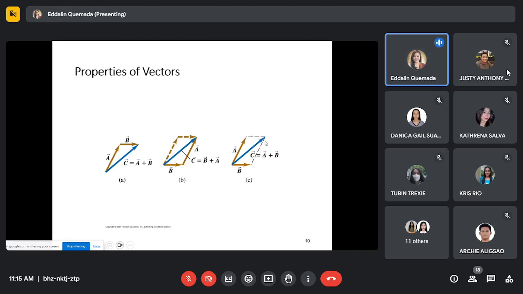Since the tail-to-tail method is called the parallelogram method, we now draw, class, a parallelogram. Looking into this figure, for vector A you create an opposite parallel side to that, the broken line. Please follow my cursor. I hope the rest of you are still following. Okay, so this is now the parallel side.